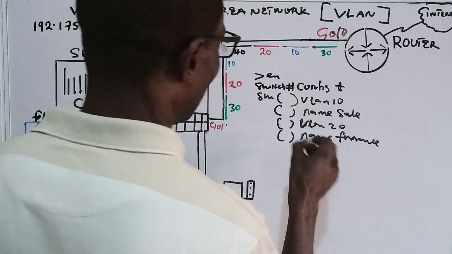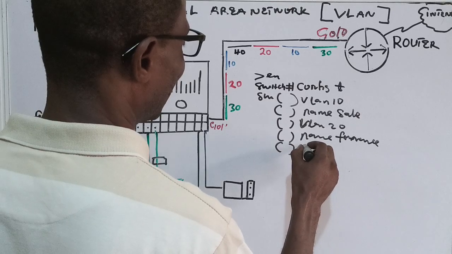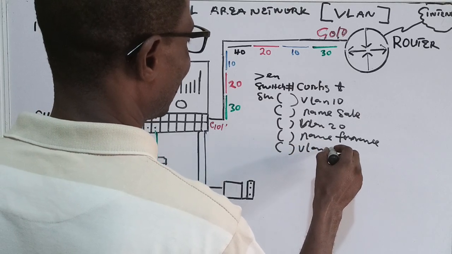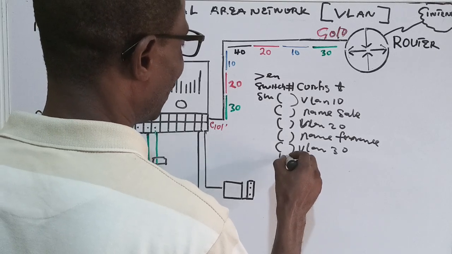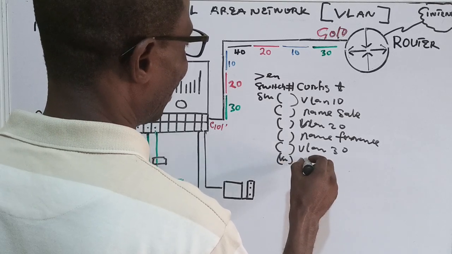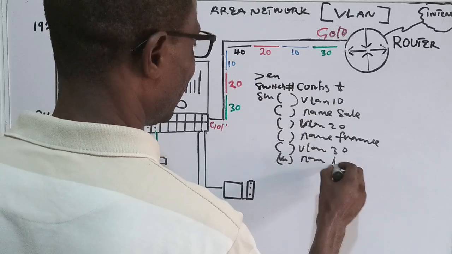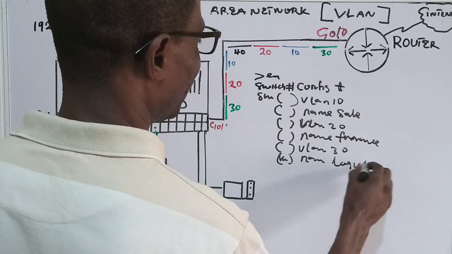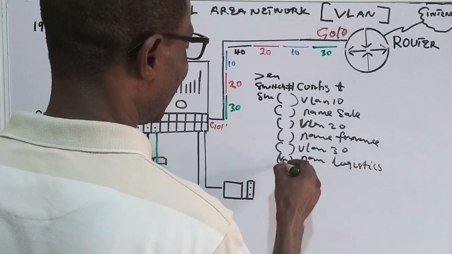You hit enter and exit to come back to global configuration mode, where you put VLAN 30. Remember, you're creating VLANs. You hit enter, you're in VLAN configuration mode now, where you put name and name it logistics. You hit enter and put exit.